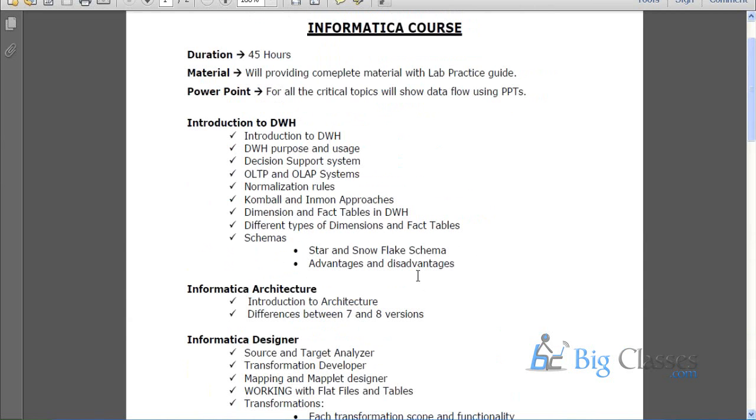For whatever course material you have here, is this course sufficient to appear for a certification? Certification? No, this course will be sufficient to get a job anywhere. If you want to do certification, we have to go through a lot of theoretical stuff.